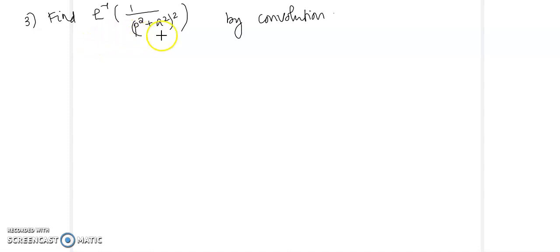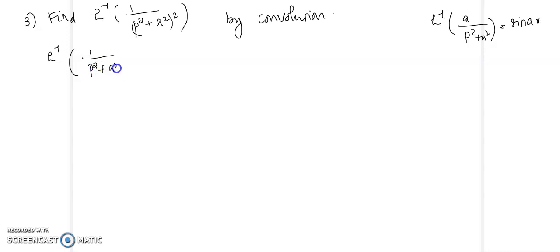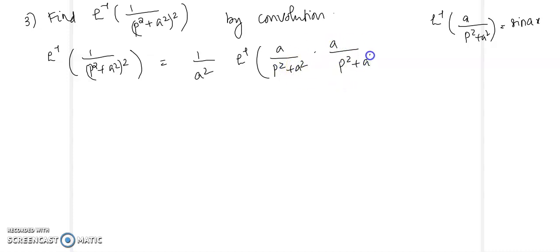Finding L inverse of 1 by p square plus a square whole square. Now L inverse of a by p square plus a square will be equal to sine ax. So L inverse of 1 by p square plus a square whole square can be written as 1 by a square L inverse of a by p square plus a square into a by p square plus a square.